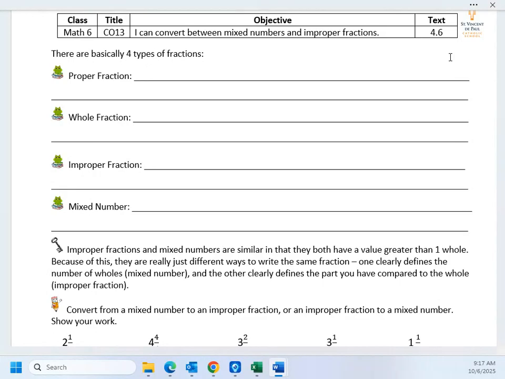So our first one is a proper fraction. A proper fraction, the numerator is less than the denominator.